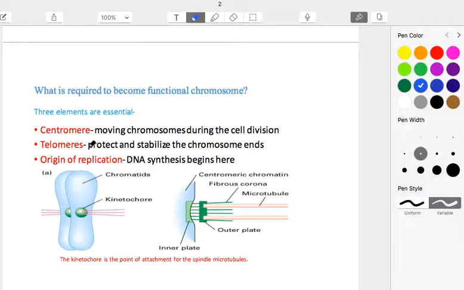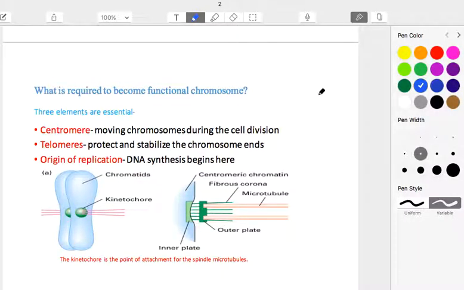If there is no centromere, chromosomes will not move. Moving chromosomes during cell division is facilitated by the centromere. Telomeres are very important because they protect and stabilize the chromosome ends, and the origin of replication is where DNA synthesis begins.